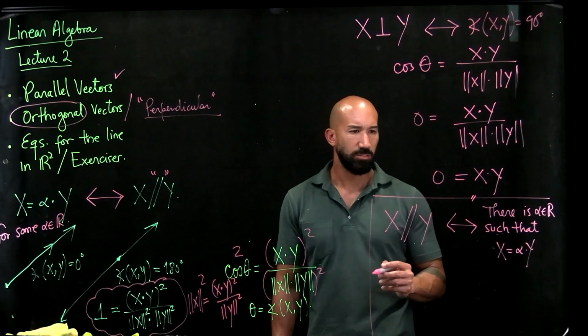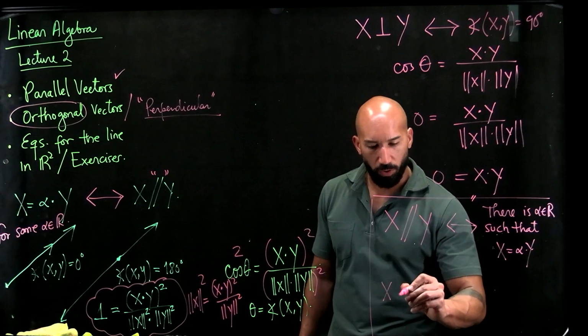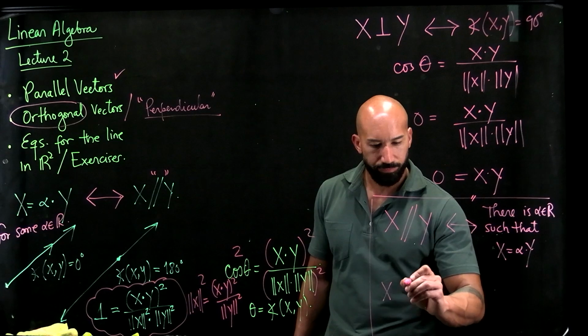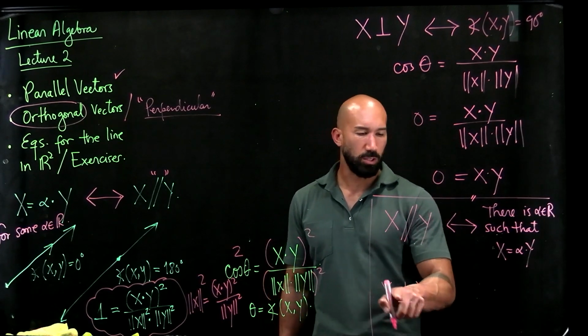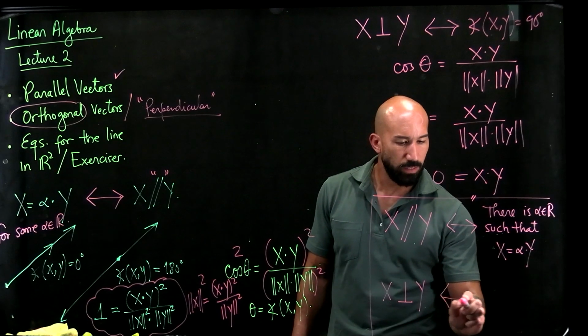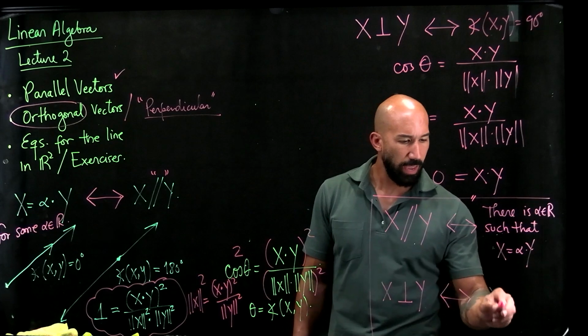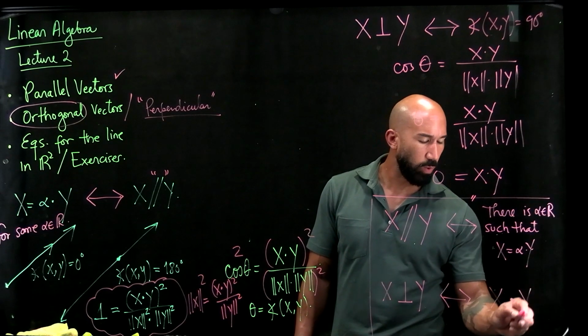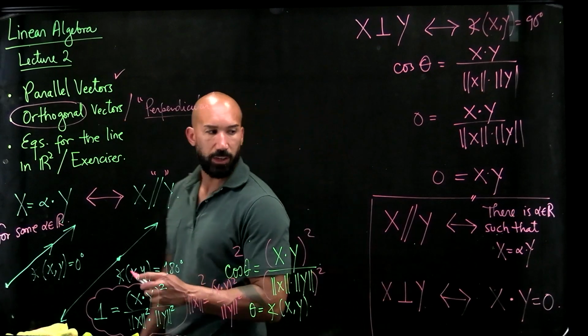Okay? And x is orthogonal to y, and I'm going to make use of this symbol a little bit, if and only if x dot product y is equal to 0. All right?